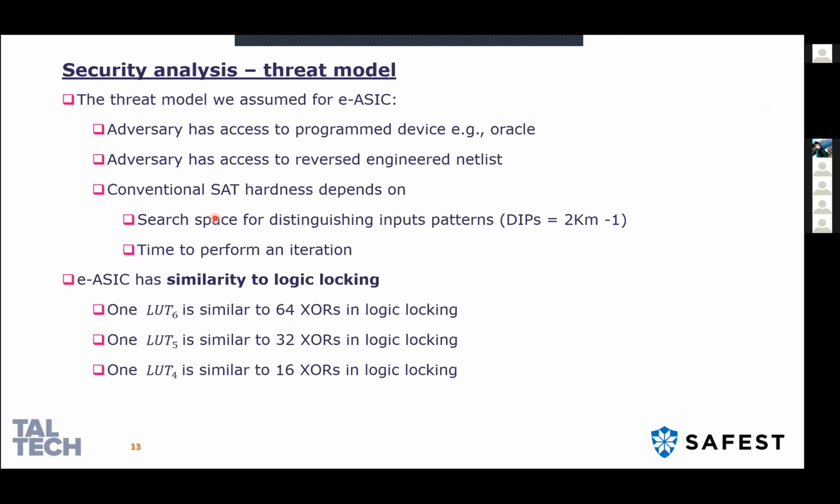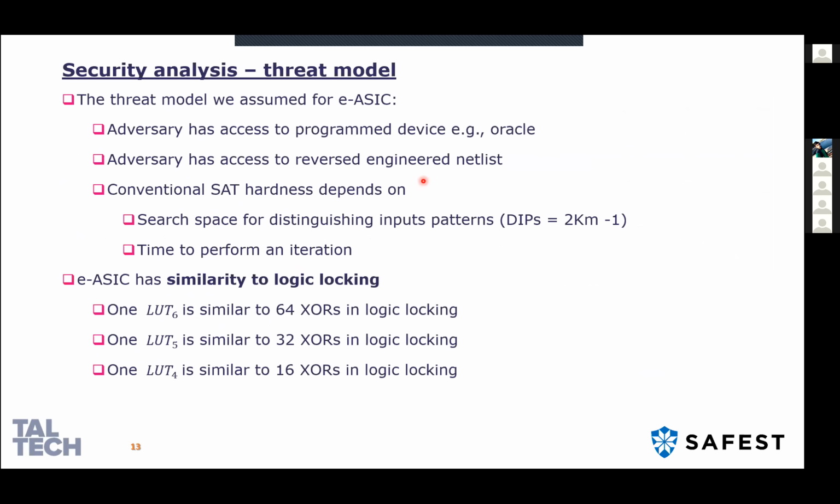In this section, we will analyze the security analysis and threat model that we evaluated for different designs. We assume that the threat model for our ESIC is like this: the adversary has access to a programmed device, such as an Oracle, and you can get this device or server. You can buy it from the market.